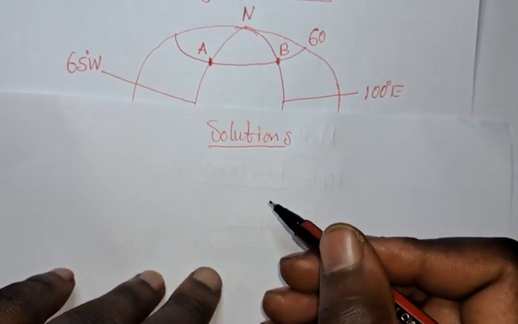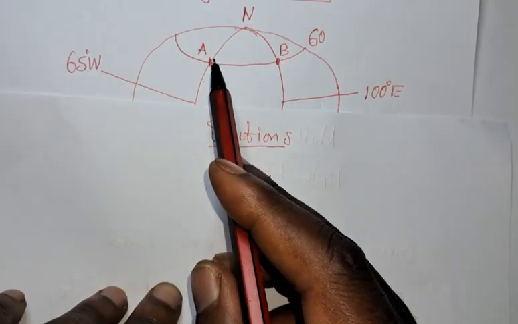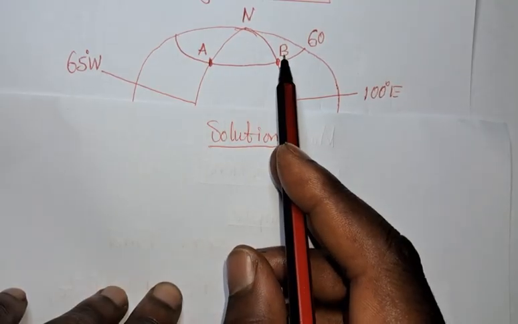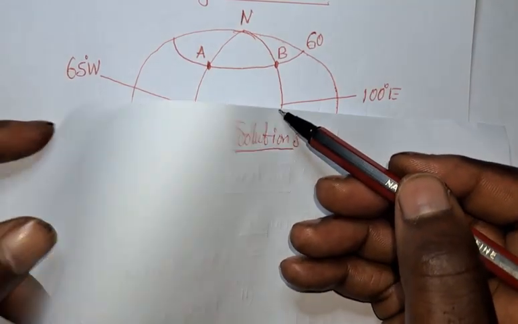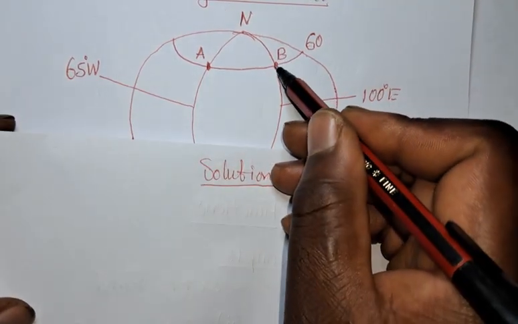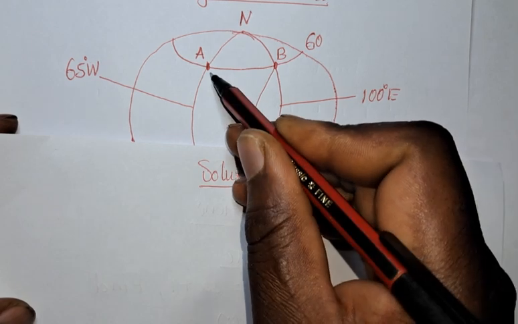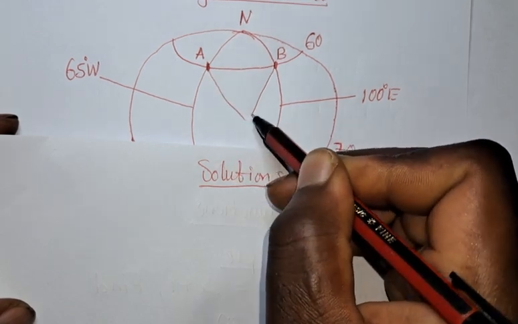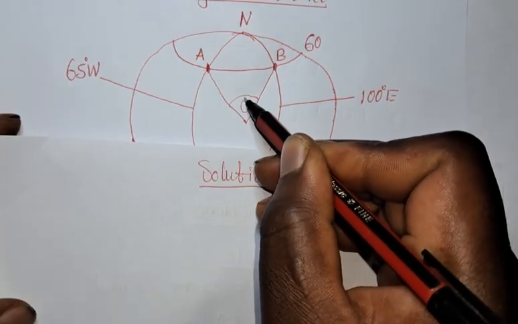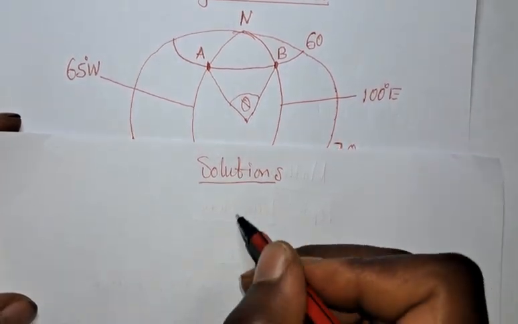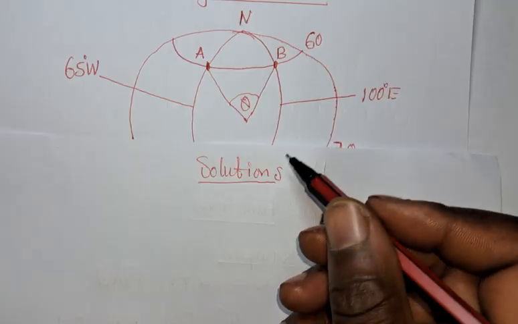For the angle difference between point A and point B, all you should consider is that the angle difference they are looking for is the value of theta. So how are you going to get this value of theta?